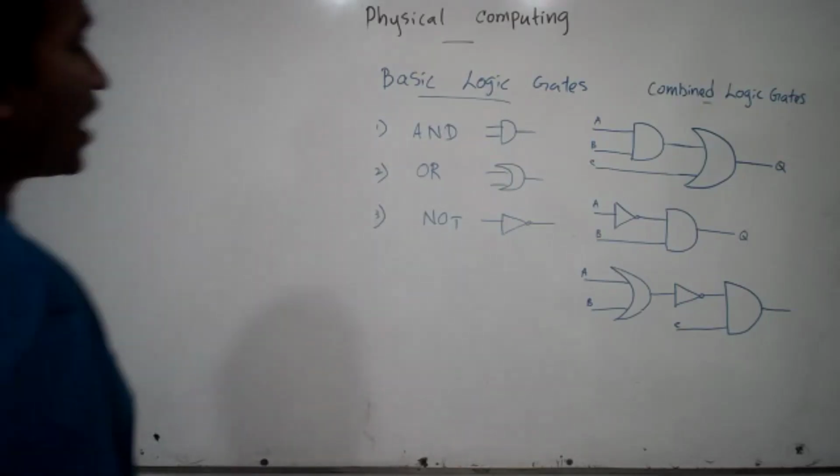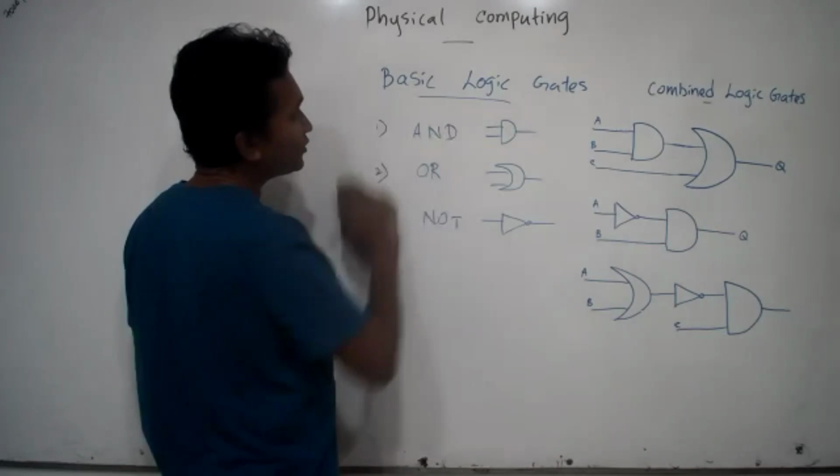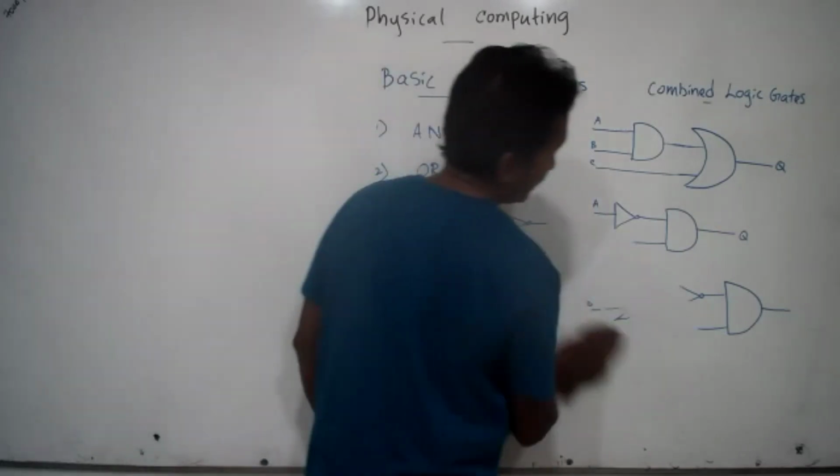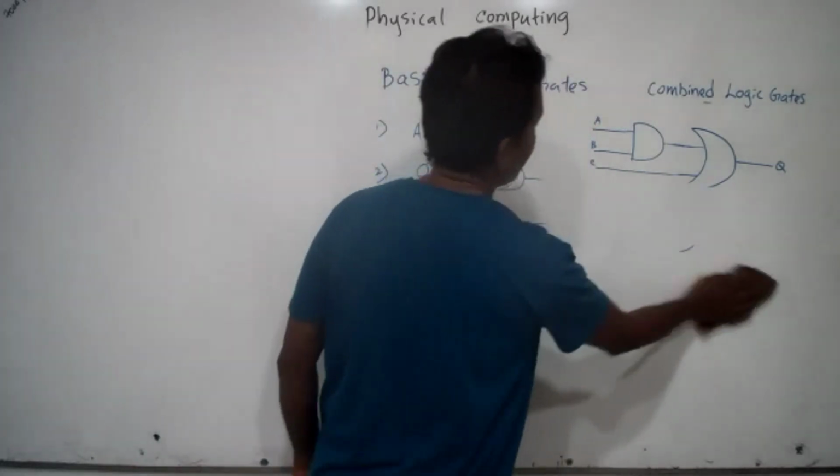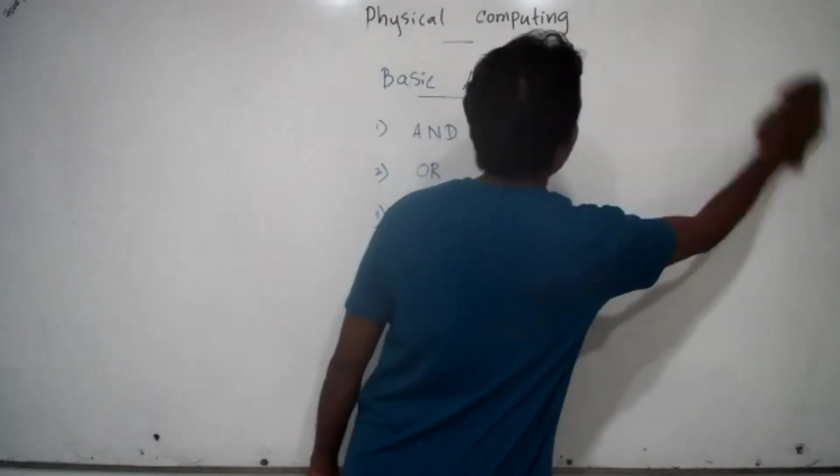We know how to get the output from basic logic gates. So let's see how to get the output from combined logic gates.